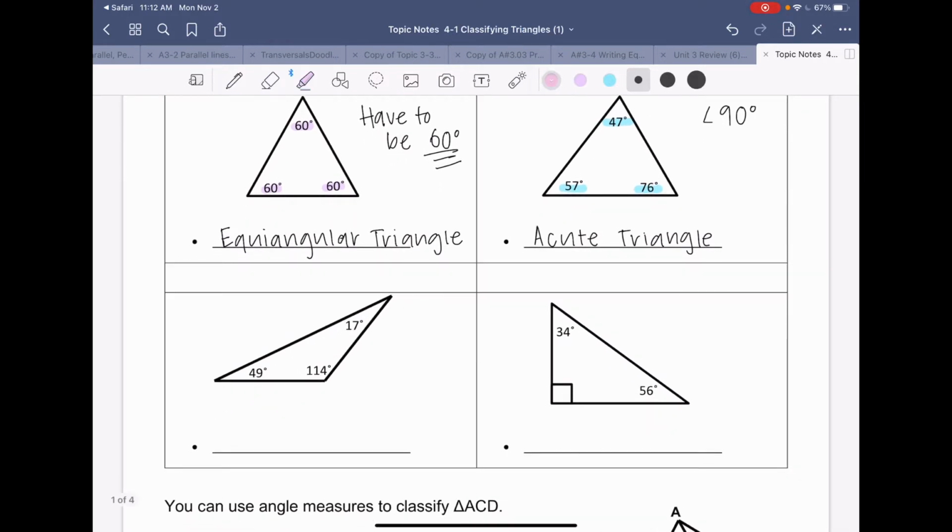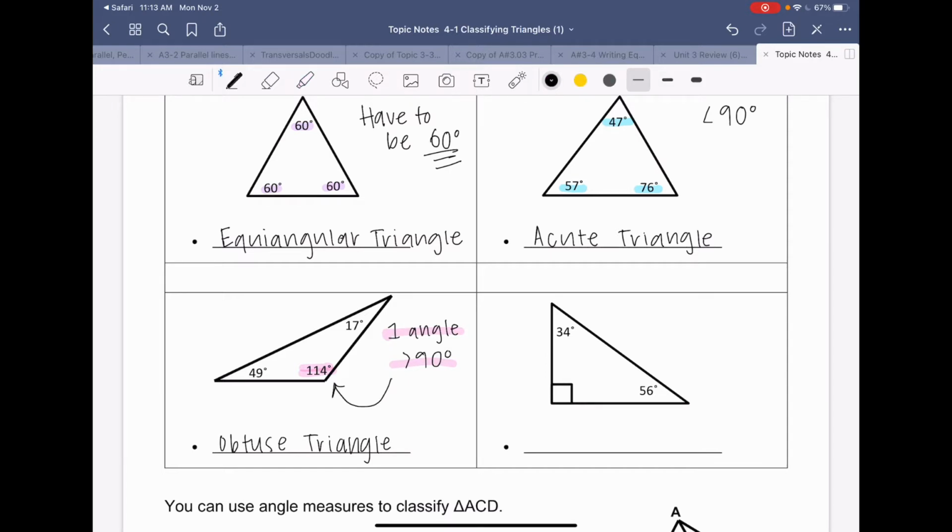Okay. For this next one, 114 is the only number we really need, and that's because that 114 makes this triangle an obtuse triangle. An obtuse triangle only needs one angle that is more than 90 degrees. Okay, it only needs one angle, and for that case, it is the 114.